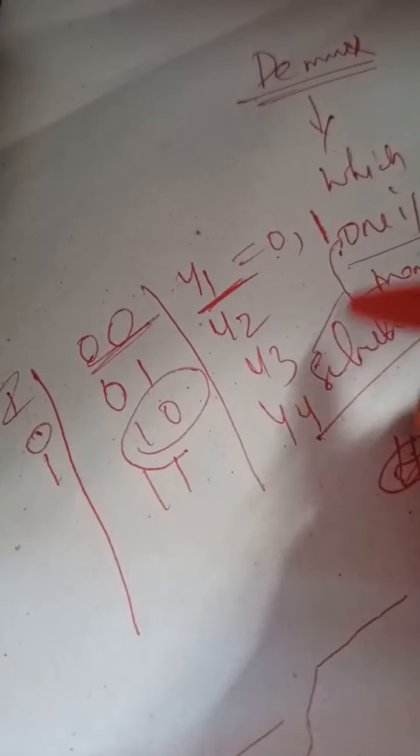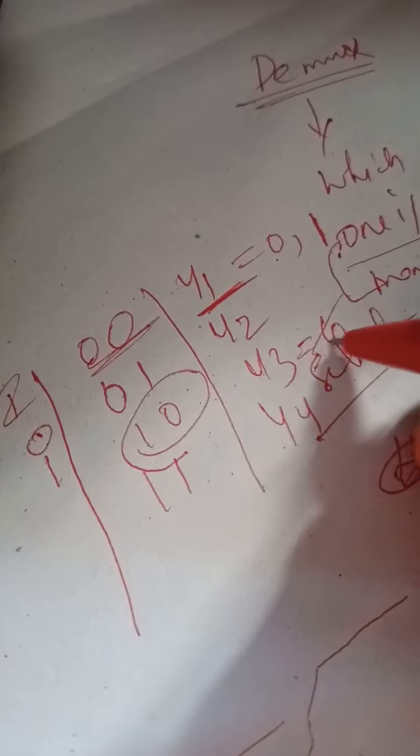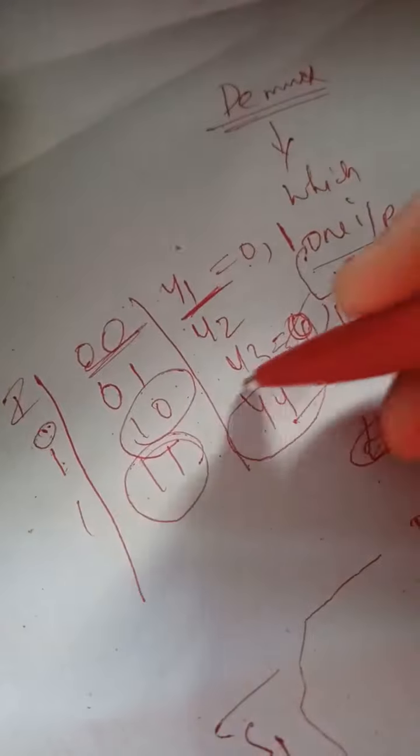For selection 1, 0, if the input is 0, the output is also 0; if it is 1, it is 1. For selection 1, 1, if input is 0, it is 0; if input is 1, it is 1.